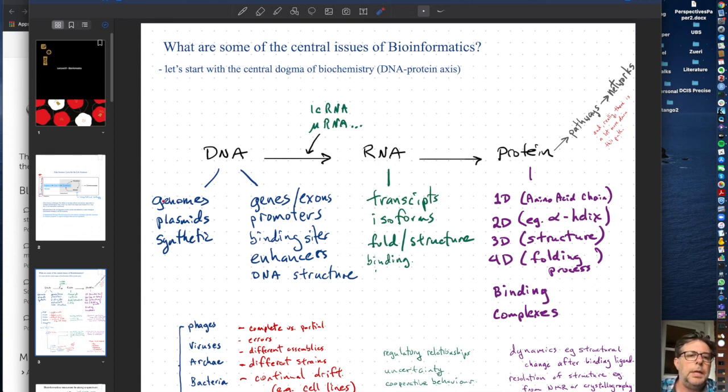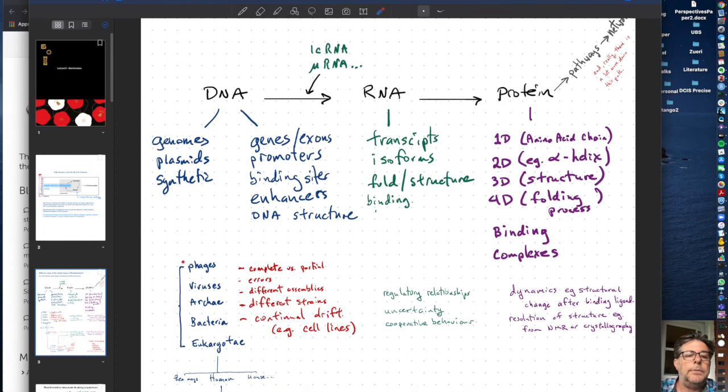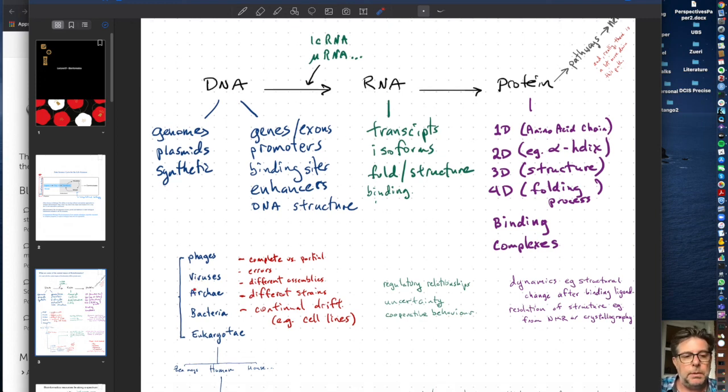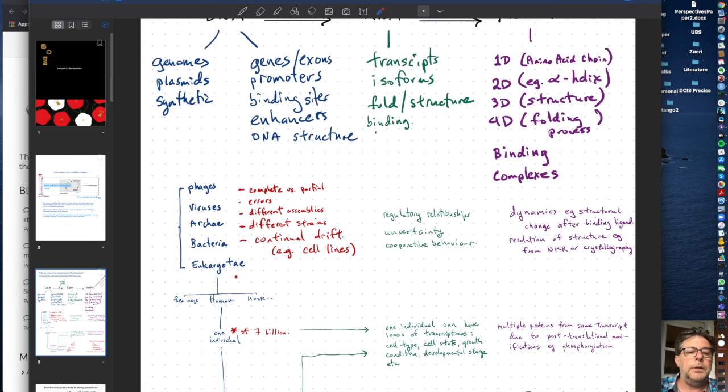Okay, so for DNA, you definitely would have to record genomes. For what? Well, I guess for all sorts of different kinds of organisms across the tree of life: phages, viruses, archaea, bacteria, eukaryota, so the very small genomes, a few thousand base pairs, up to very large, tens of billions.